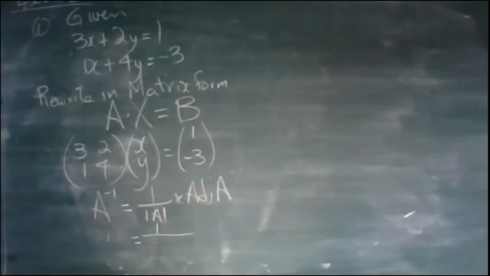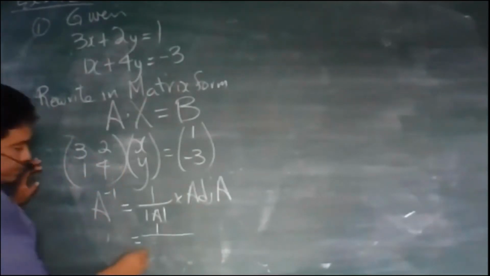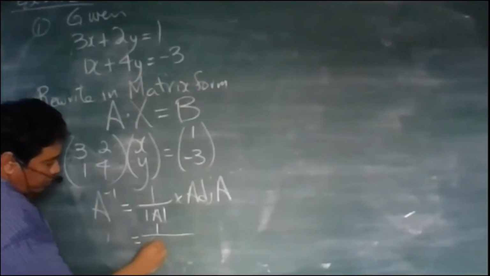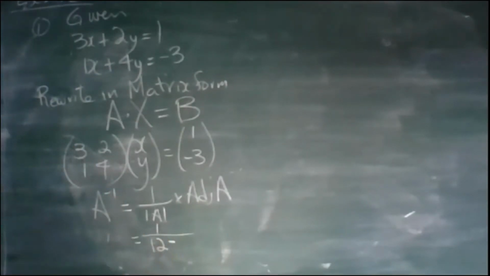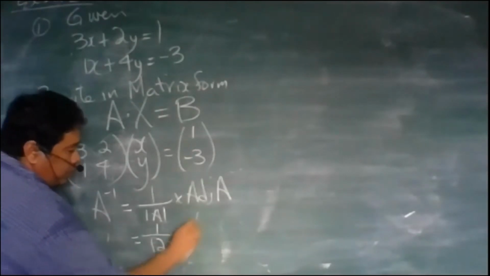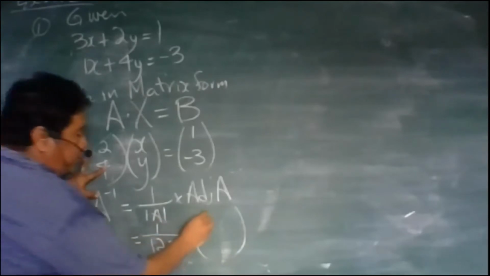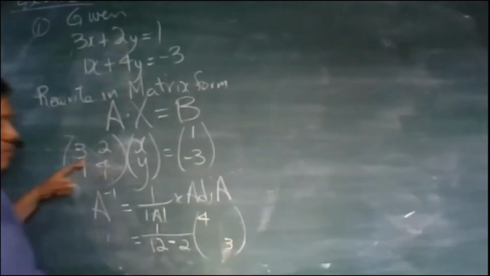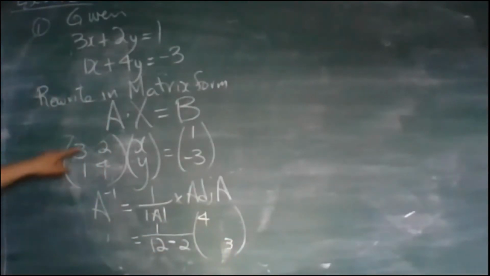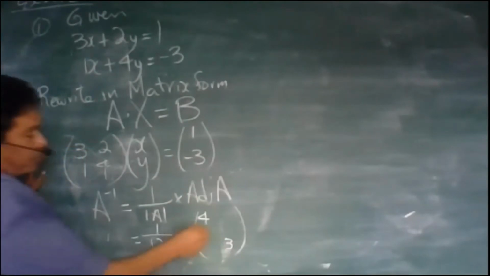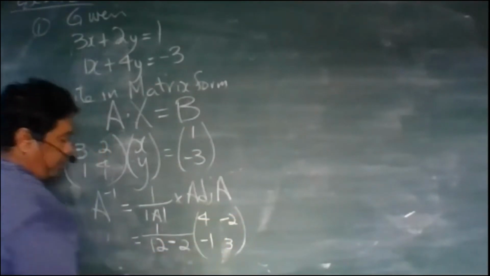The leading diagonal is 4, 3, so 4 times 3 is 12, minus the non-leading diagonal, which is 2 and 1, and 2 times 1 is 2, times the adjoint. For the adjoint, these switch places, so 4 goes up here, 3 goes to the bottom. And these change sign, so both of them are going to be negative.